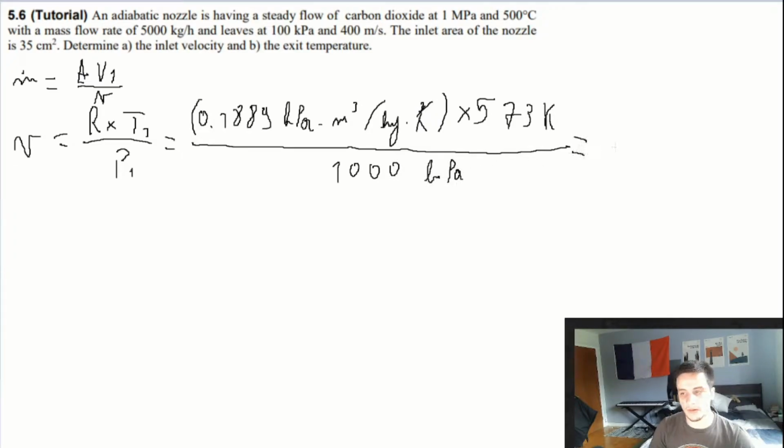And all that should be equal to 0.146 meters cubed per kilogram.